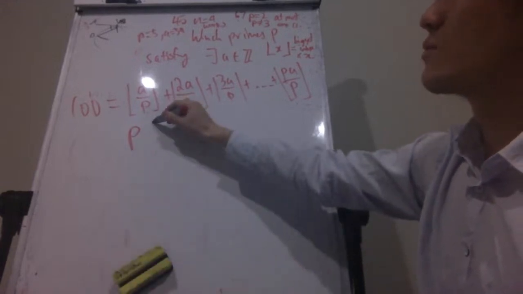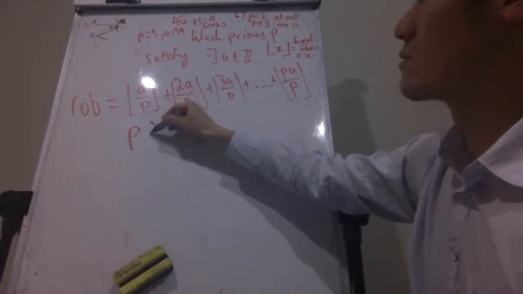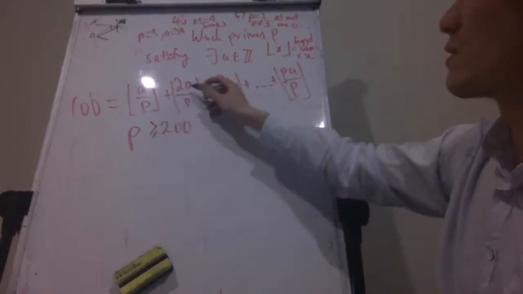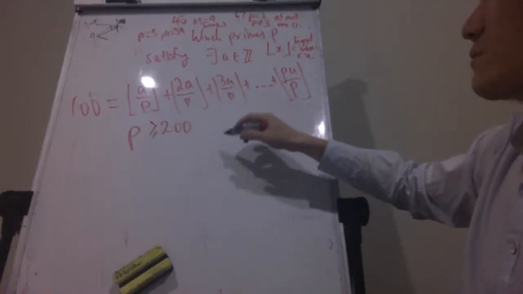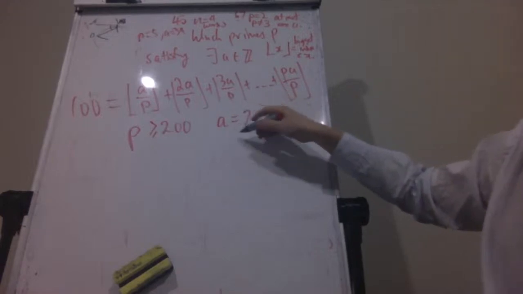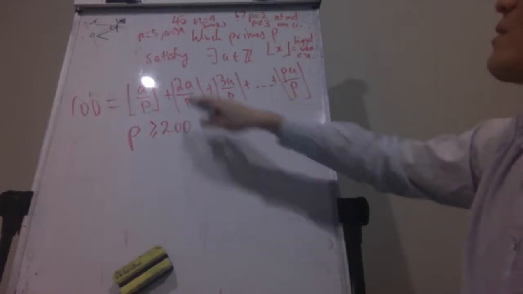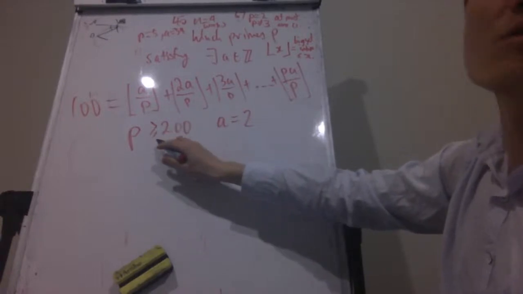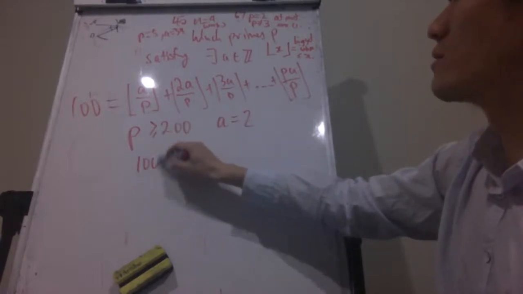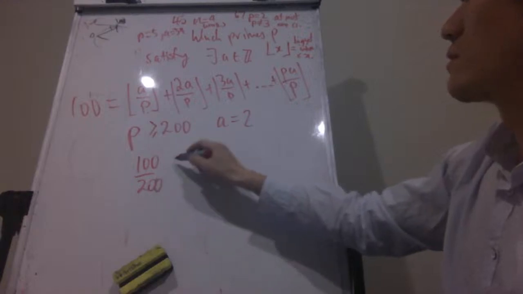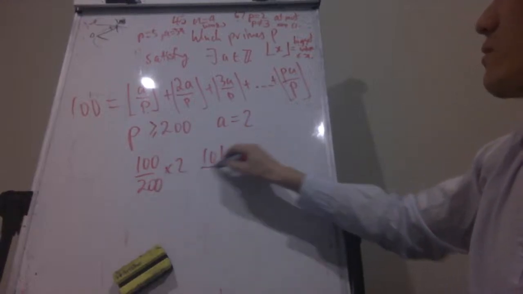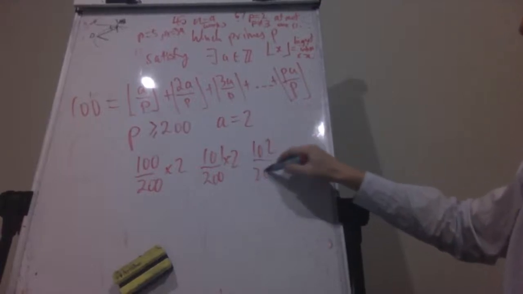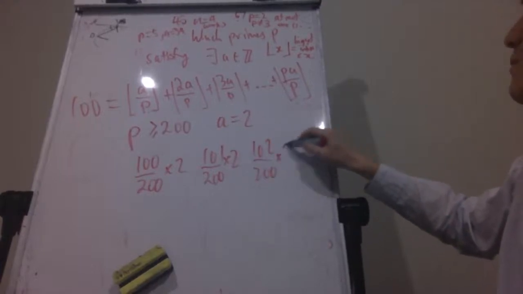So suppose P is greater than or equal to 200, and A equals 2 is the minimum possible value. Then when it gets past halfway, it'll be 100 over 200 times 2, 101 over 200 times 2, 102 over 200, and so on.